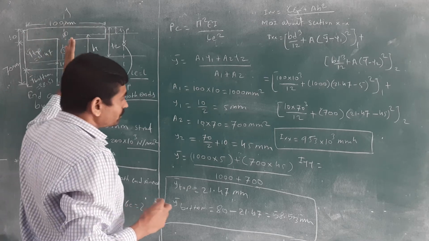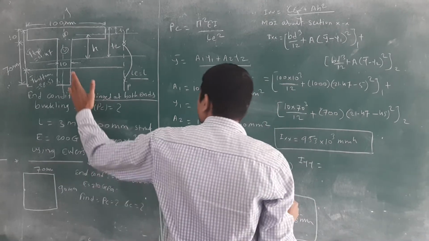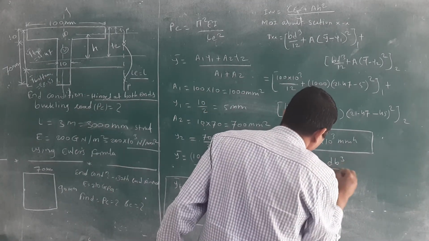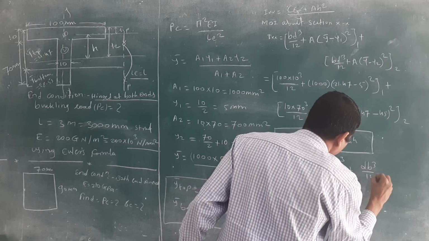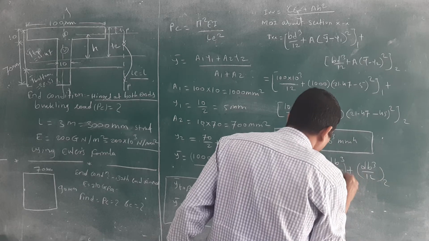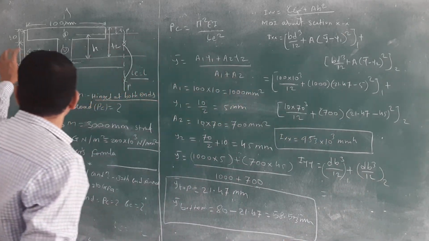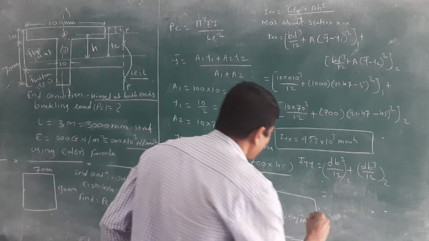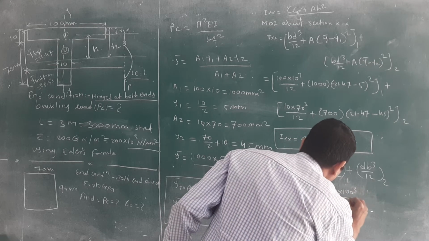Then Iyy is equal to, you know the formula for the rectangle? db cube divided by 12 plus db cube divided by 12. This is for second, this is for first. What is the d for the first component? What is the d? 10 is there. What is the b? 100 is there. Okay, put the value: 10 into 100 cube divided by 12.